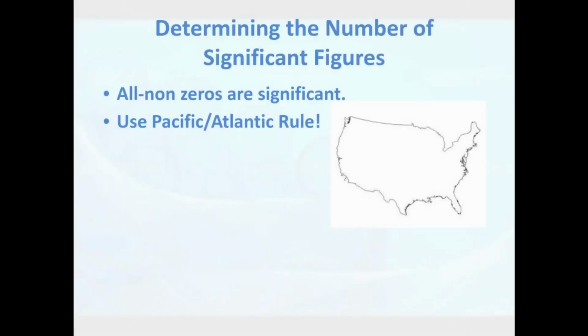So if I'm given a number, how do I determine how many significant figures are in that number? In your book, there is a list of rules, but I'm going to break it down to just a couple. So first of all, if you're given a number and there are non-zero digits in that number, all non-zero digits are counted as significant.